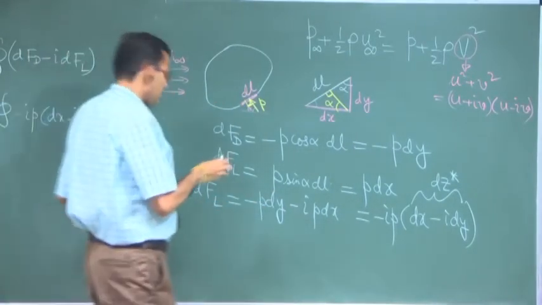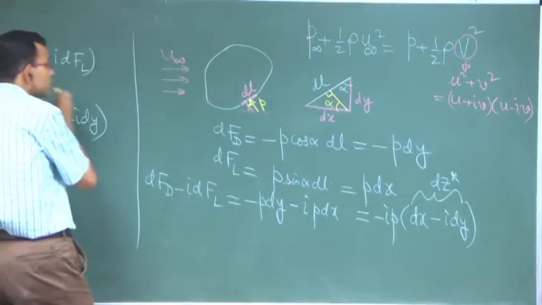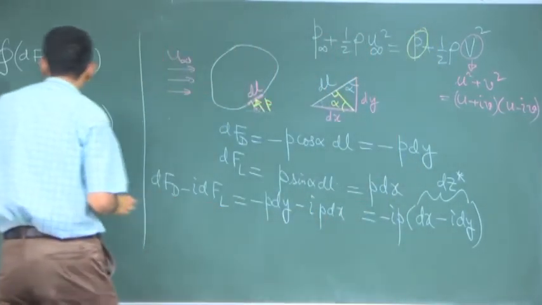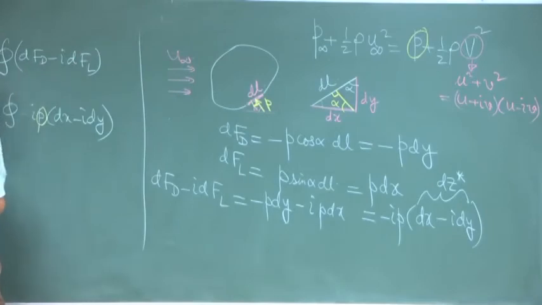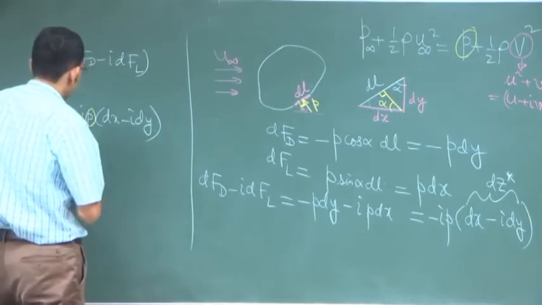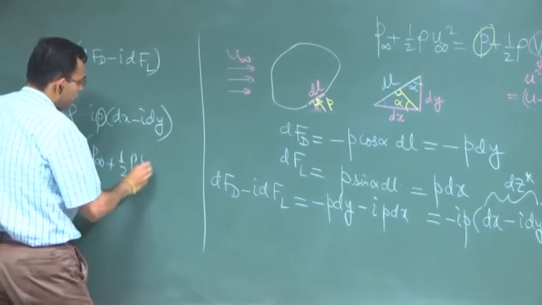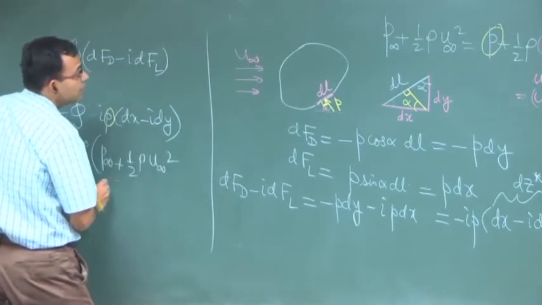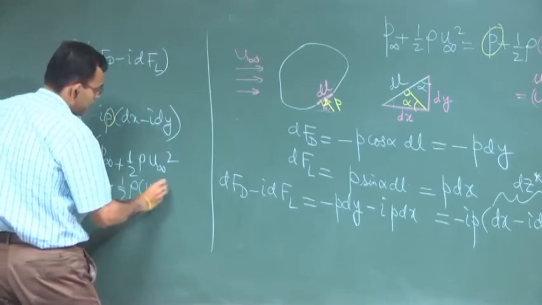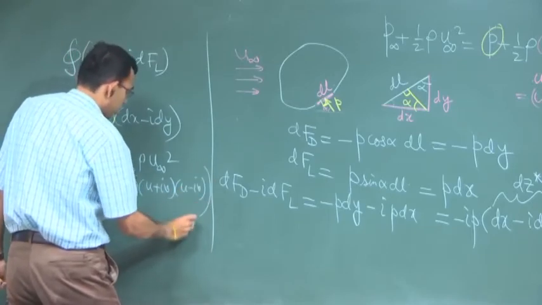So, from here in this equation we will substitute this p from here. So, minus of the contour integral of I, p is p infinity plus half rho u infinity square minus half rho u plus I v into u minus I v, this into dz star.